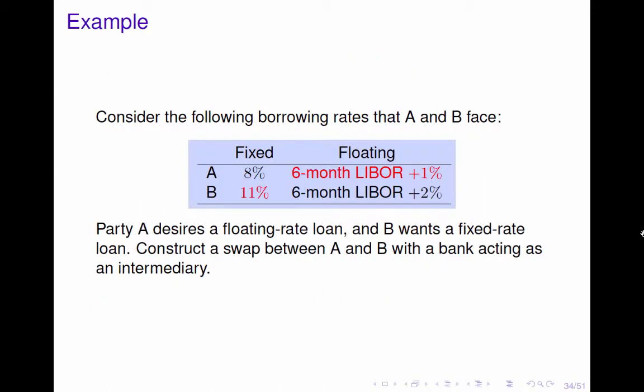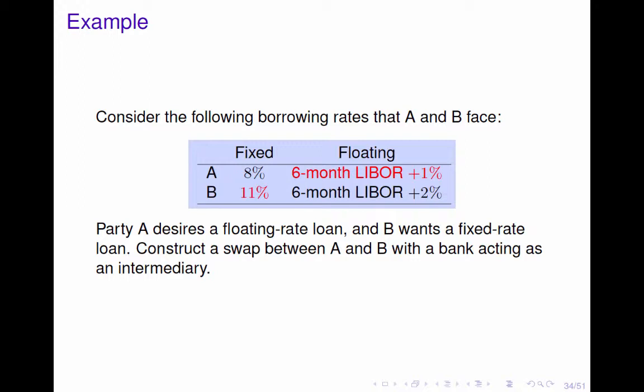To better understand the strategy, let's consider the following example. Suppose A is able to borrow from the fixed rate market at 8% and the floating market at 6 months LIBOR plus 1%. Whereas the rates that both markets offer to B are 11% and 6 months LIBOR plus 2% respectively.